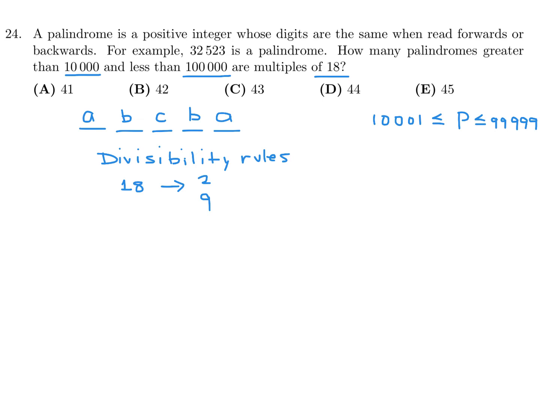For example, 36 is a multiple of 18, but it's also a multiple of 2 and a multiple of 9. If something is a multiple of 2, that pretty much means that the number is even. If something is a multiple of 9, there is a divisibility rule, and it states that the sum of the digits of that number will also be divisible by 9.